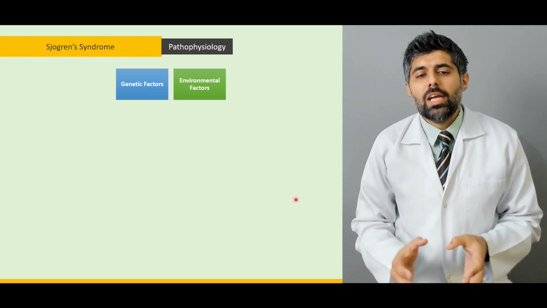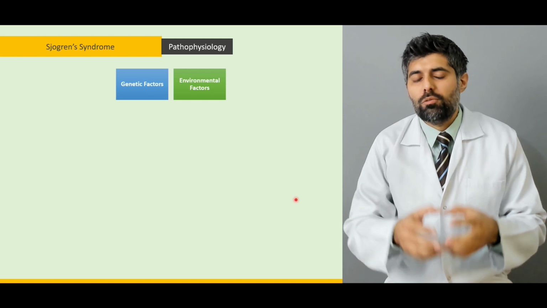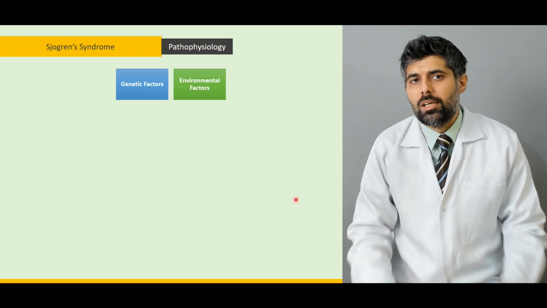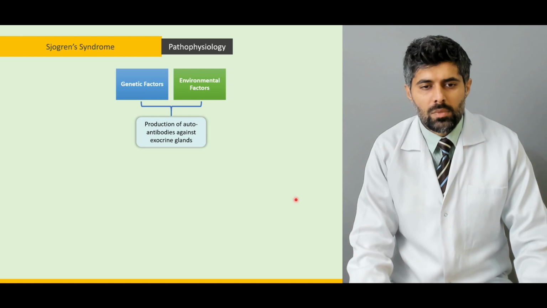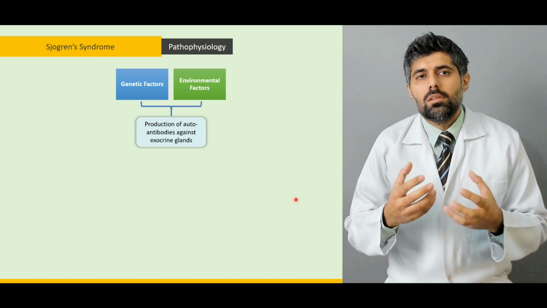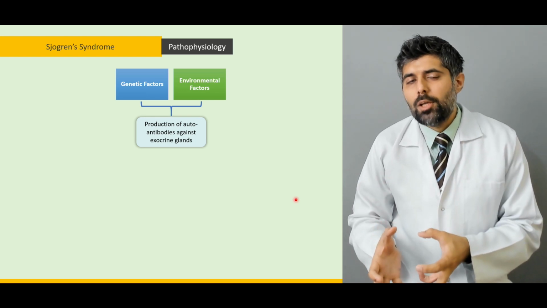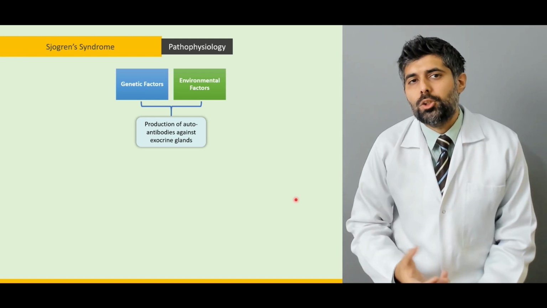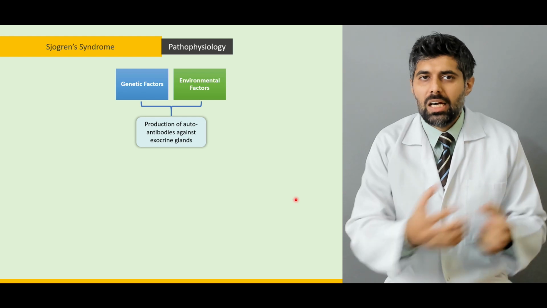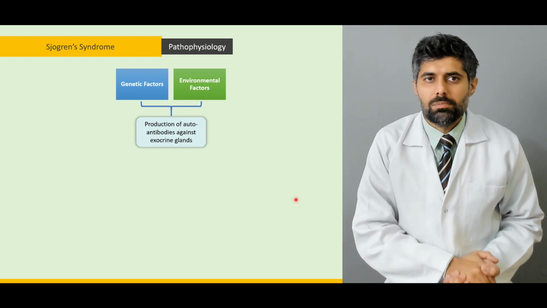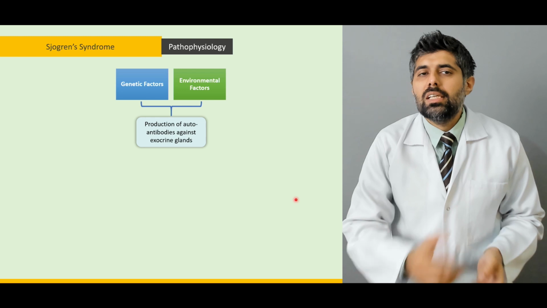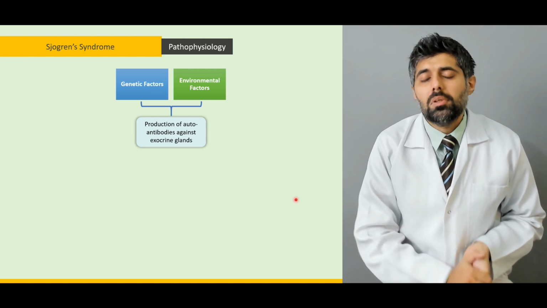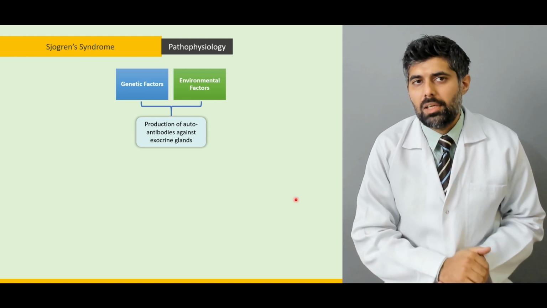So whenever we have an accumulation of these environmental or genetic factors, we get a scenario where there is increased production of autoantibodies against the exocrine glands. Now, as I mentioned earlier, these exocrine glands are the lacrimal glands and the salivary glands.